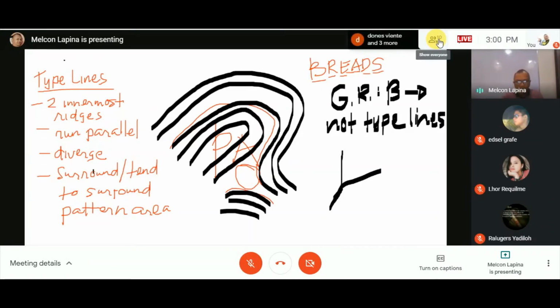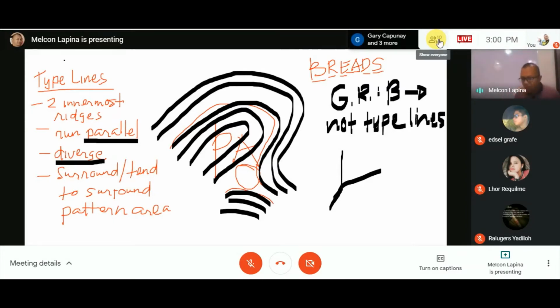Kasi bago merong divergence, meron munang parallel line. When we say parallel, merong magkatapat na ridges. So, they run alongside. Pero kung tingnan natin dito, kaagad naghiwalay.